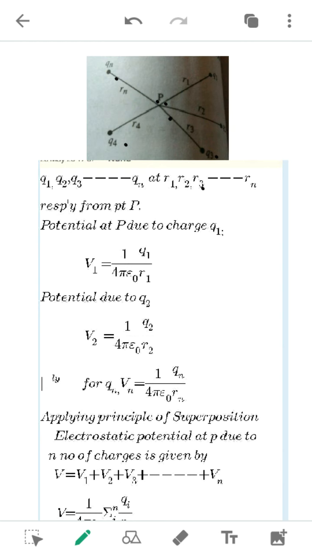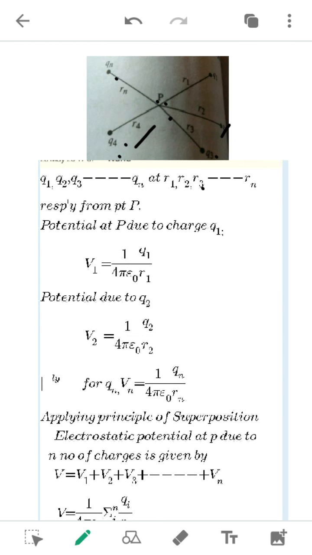Let us consider the charge q1 with the position vector r1 from P, and q2 with position vector r2, q3 with position vector r3, and q4 with position vector r4, and so on.